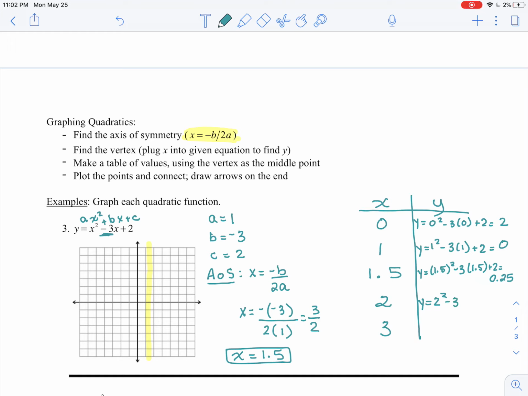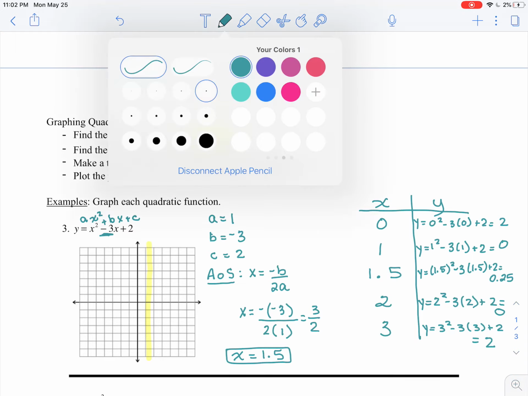When we plug in x is 2, 2 squared minus 3 times 2 plus 2 is 0. And when we plug in 3, 3 squared minus 3 times 3 plus 2 equals 2.